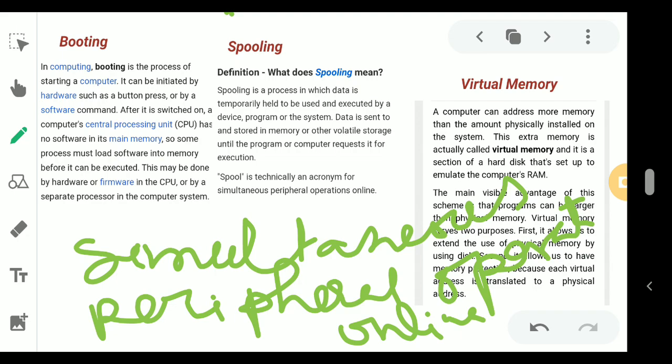If something is required from the hard disk, it again comes to the main memory. In this way, even though you don't have sufficient space to run the particular program, you are still running the program efficiently. This is a convenient way of executing a process, and this concept is known as the virtual memory concept.